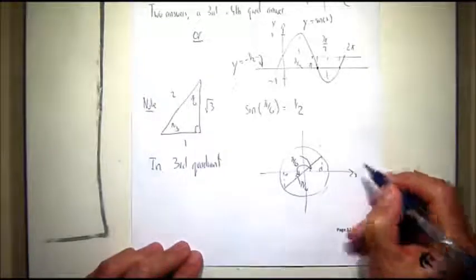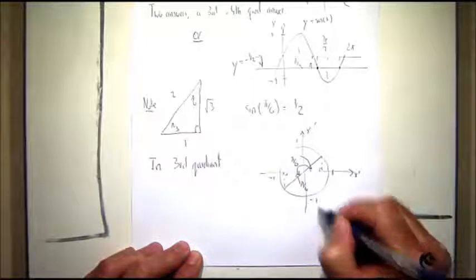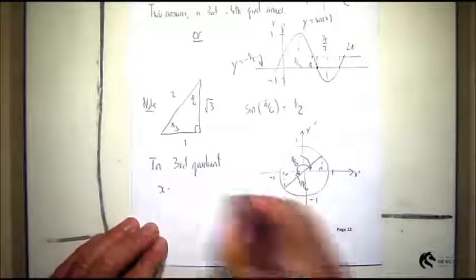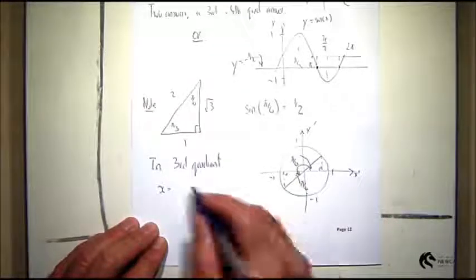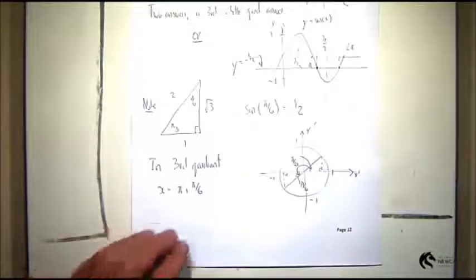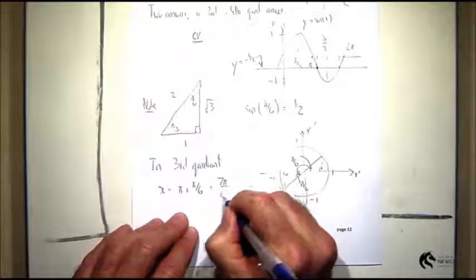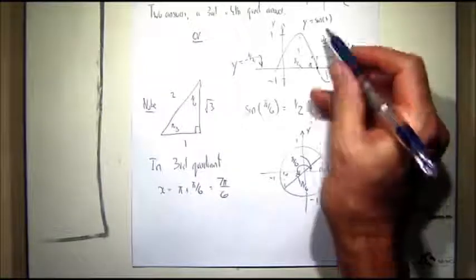So I can see in the third quadrant, x will be pi plus pi on 6. And so I will get 7 pi on 6. That will be my third quadrant answer. That's that one sitting there.